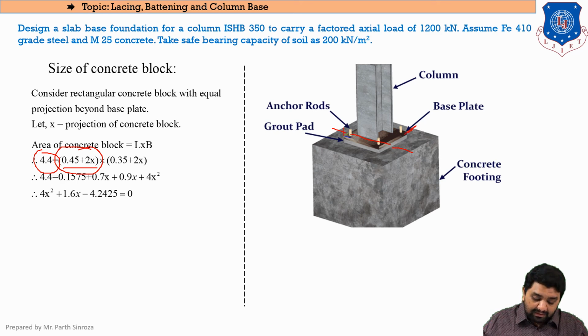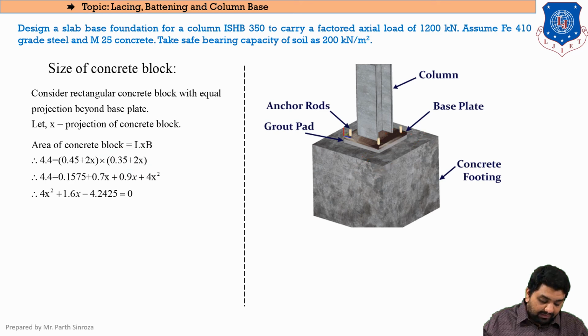Similarly, across the other direction, this base plate was 350 mm, plus this projection we have taken as x, and this projection again we have taken as x. So the total width here will be 0.35 plus 2x, clear?